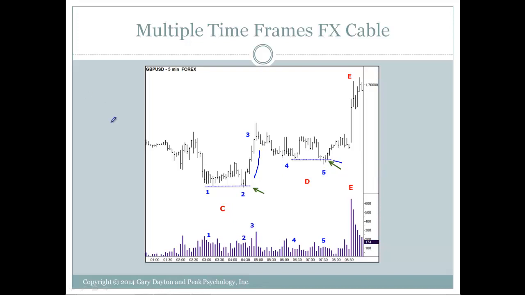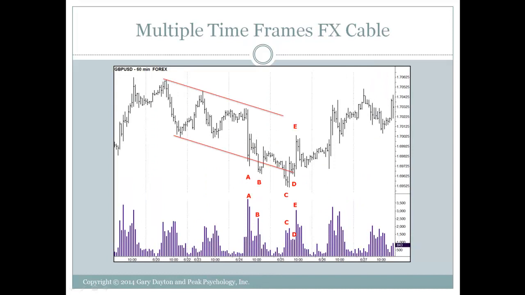But it's not just because there's strength here and a spring, it's because the hourly chart, I'm right here in the hourly, I've come back into the trend channel, the demand line here. I probably didn't explain this as well as I could have. And as I come down from this point to this point, I don't increase volume to the downside.